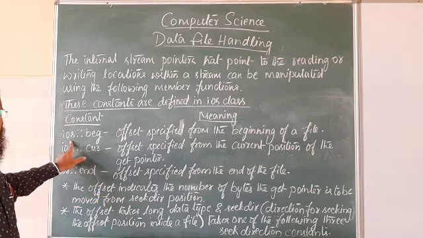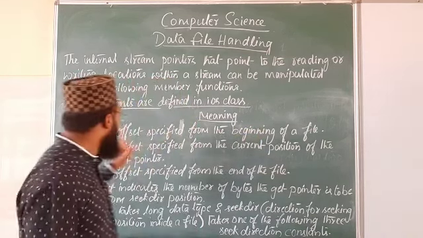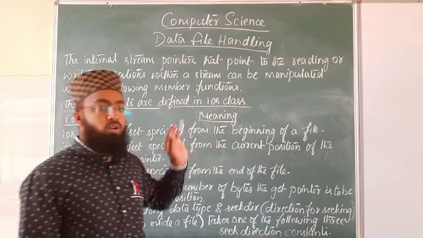What do these constants indicate? beg means the offset is specified from the beginning of a file.